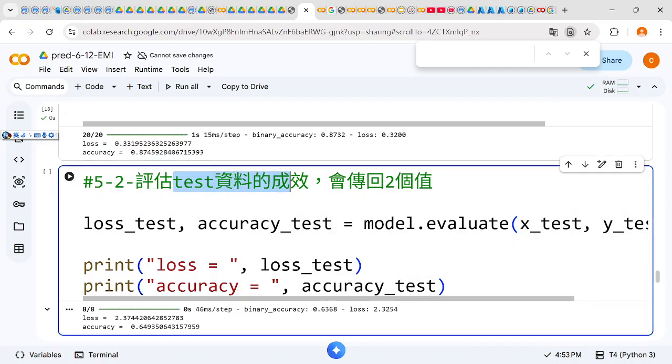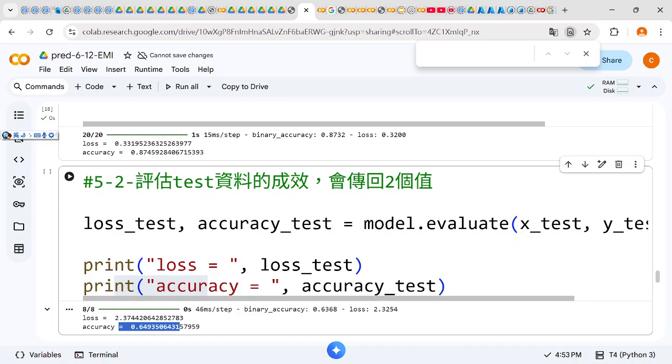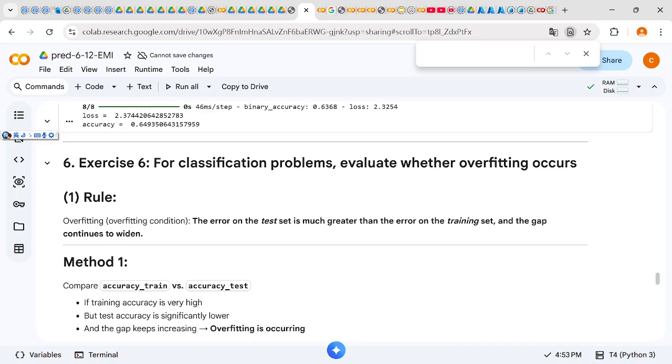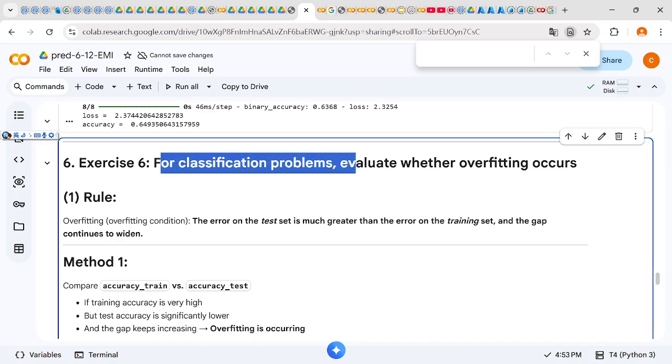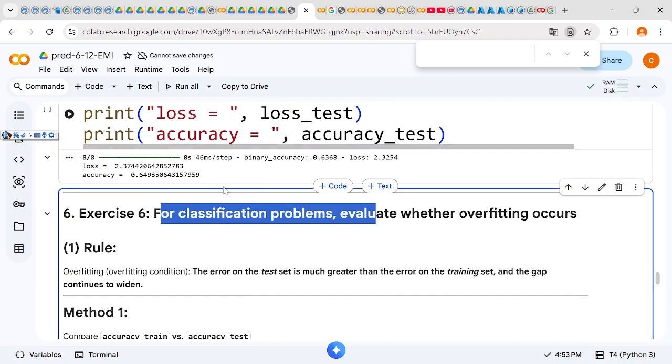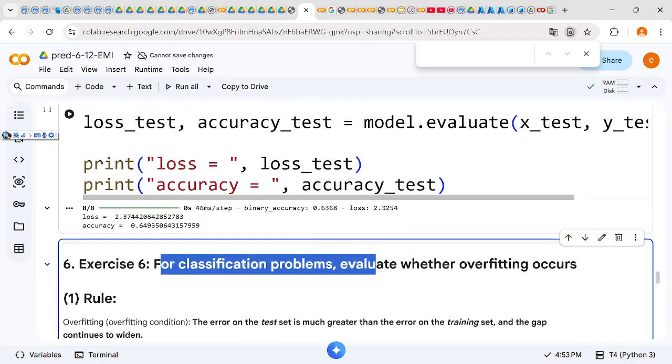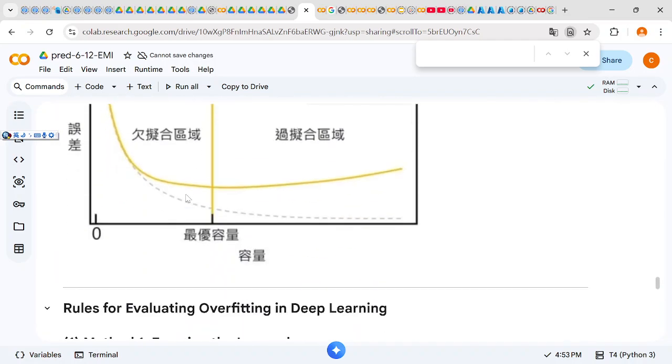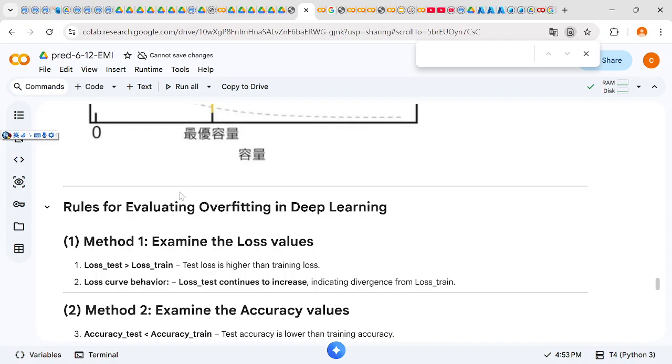For the test data, we also do the evaluation. The accuracy is like here. This is smaller than this, right? So overfitting occurs, since the test data accuracy is lower than the training data. Okay students, you have 5 minutes to practice this.